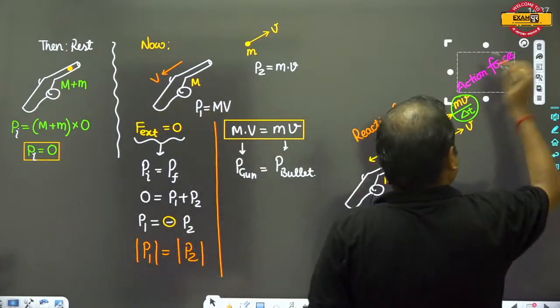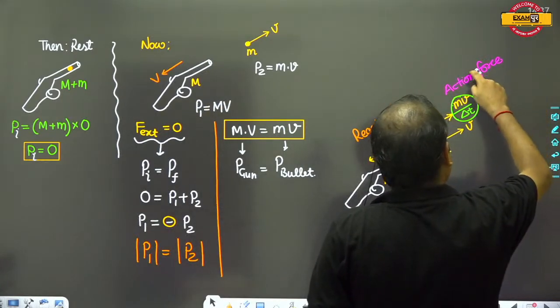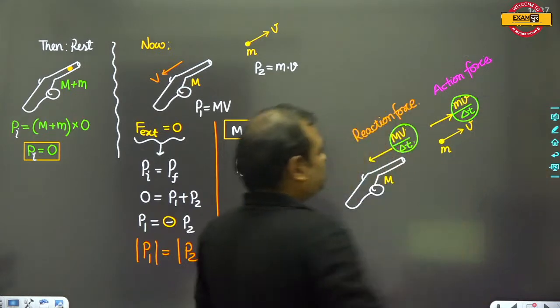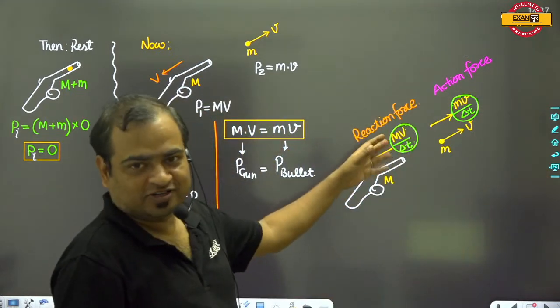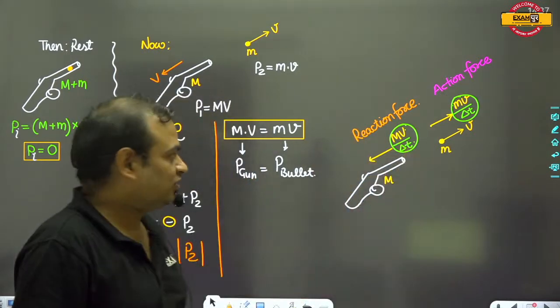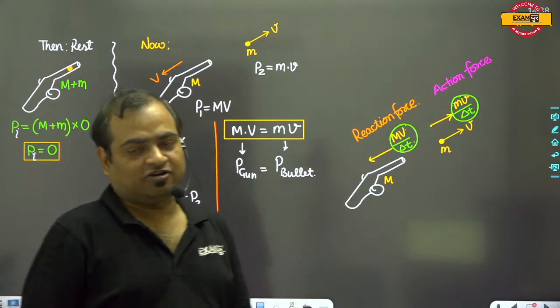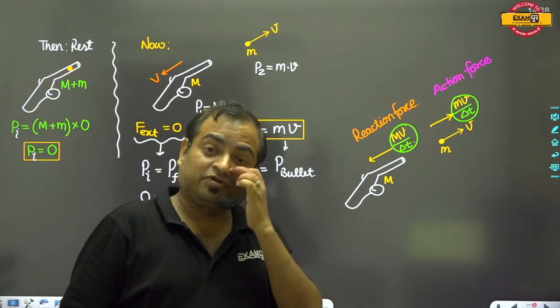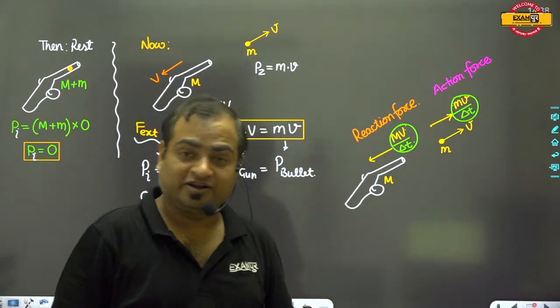So here we can see the evolution of the third law of motion. This is the point where the third law of motion is actually generated, produced, born. That's why the third law of motion is based upon the law of conservation of linear momentum.